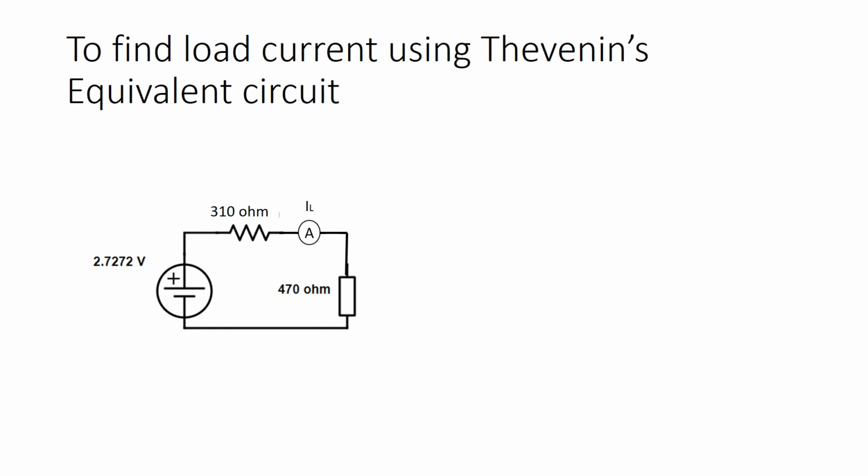Here is the hardware connection diagram in order to find the load current using Thevenin's equivalent circuit, where we have connected the 310 ohm, that is R Thevenin, in series with the V Thevenin 2.72 volt, and 470 ohm, that is the load resistance. Here we are going to connect the ammeter in series with the load resistance to check whether this load current and the load current we found using the given circuit represent the same value, in order to understand Thevenin's theorem.